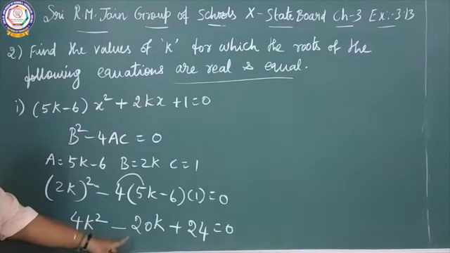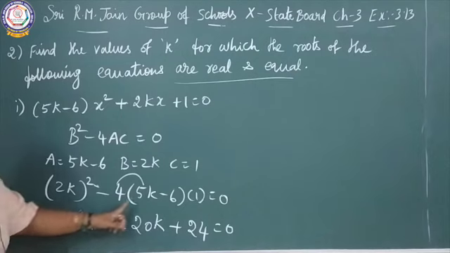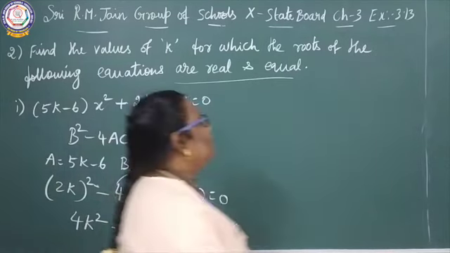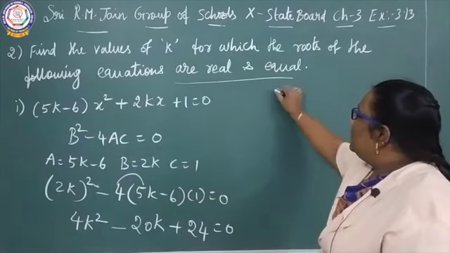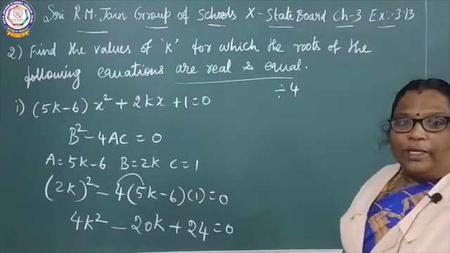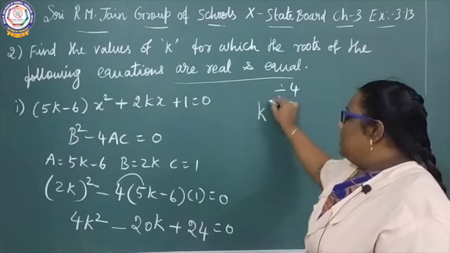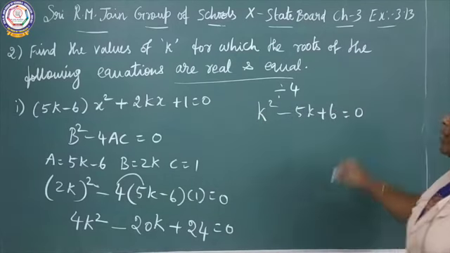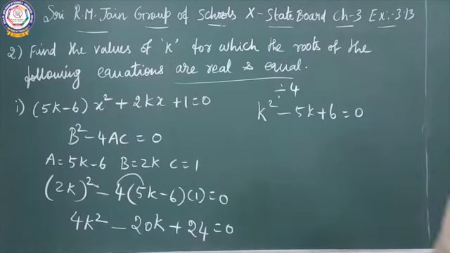Divided by 4, what is the value we are getting? k square minus 5k plus 6 equal to 0.